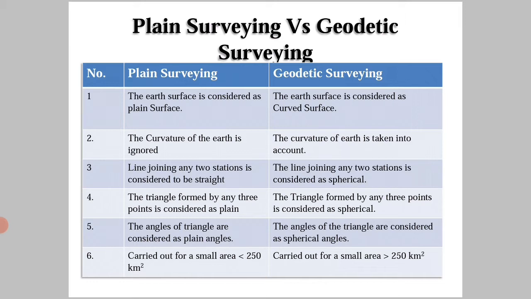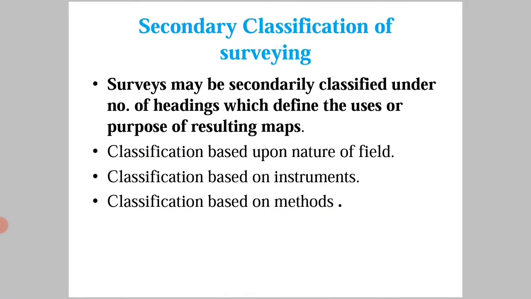The angles of the triangle are considered as spherical angles. Next point, it is carried out for a large area greater than 250 km square. Okay, so this is plane surveying and geodetic surveying.